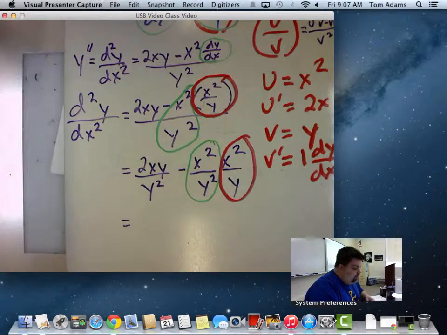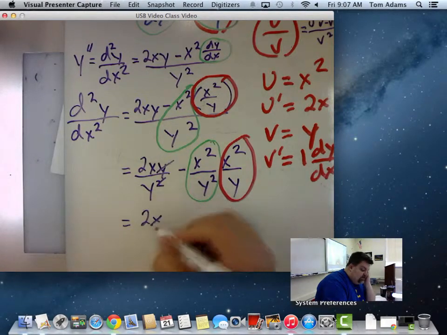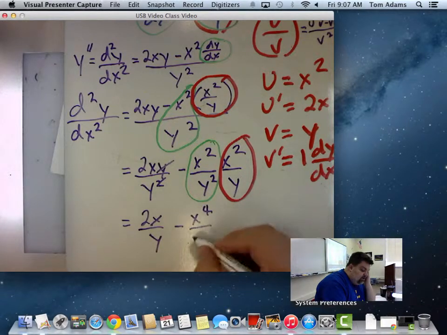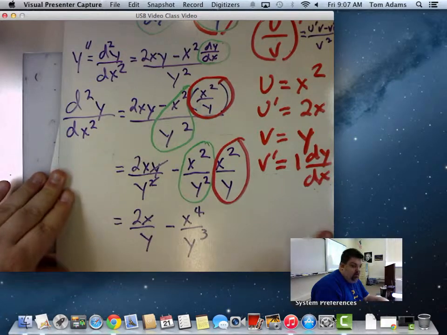Okay. So then if I clean that up, this y cancels one of these y's. So I get 2x over y minus x to the fourth over y cubed. Now you could clean that up maybe and put it under one as one term.